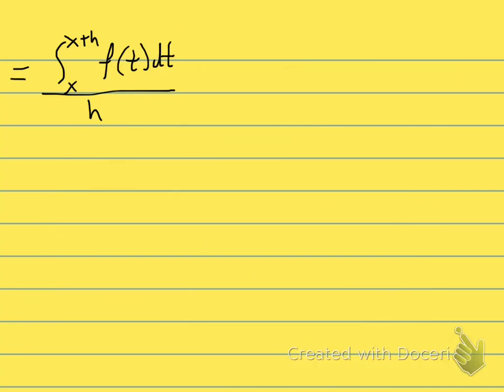We're going to use the fact that the function is continuous on a closed interval, and by the extreme value theorem, the function achieves both a minimum and a maximum on that closed interval. We're going to call those little m of h and big M of h, standing for the min and the max.